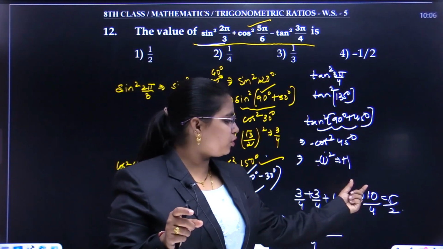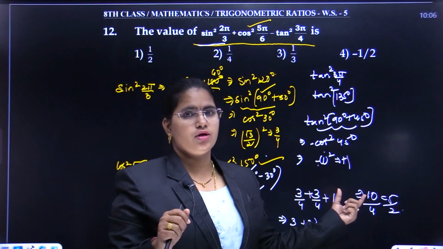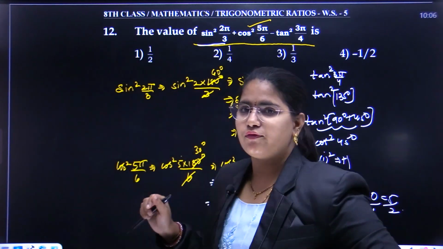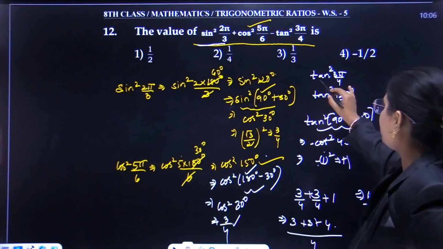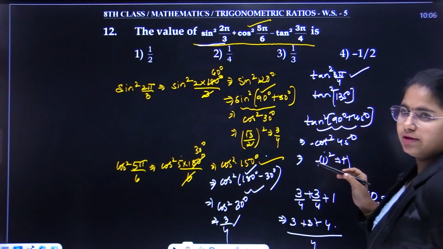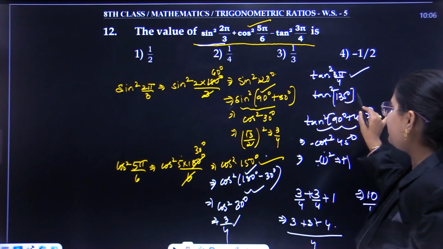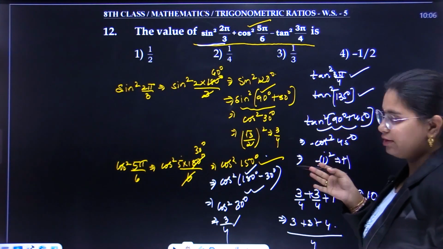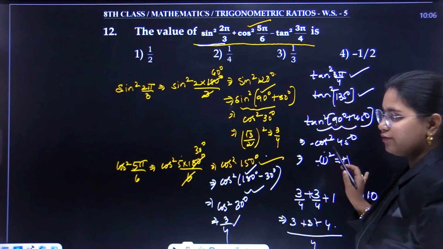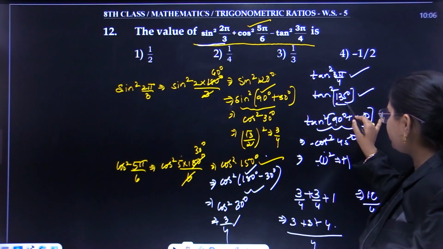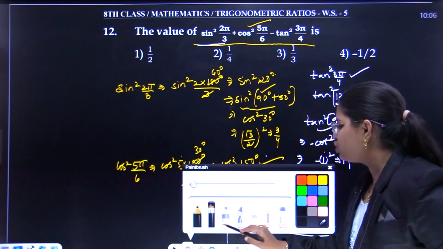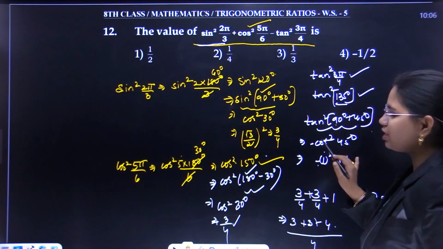If you did a problem like this, it will go wrong. I just want to tell you, when you are calculating tan 3 pi by 4, you should be very clear up to this. So it will be tan 135 degree, tan 90 plus 45 degree. You are expressing 135 as 90 plus 45. So be cautious. Don't make these types of mistakes.